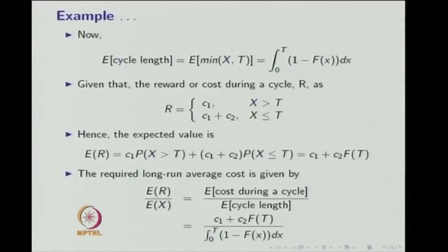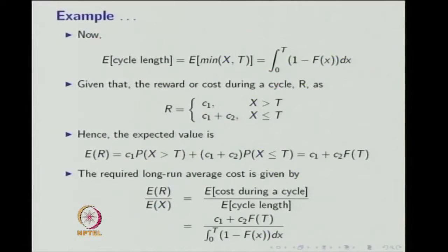Hence the expected cost is either C1 with probability x greater than t, or C1 plus C2 with probability x less than or equal to t. That is nothing but C1 plus C2 times F of t.